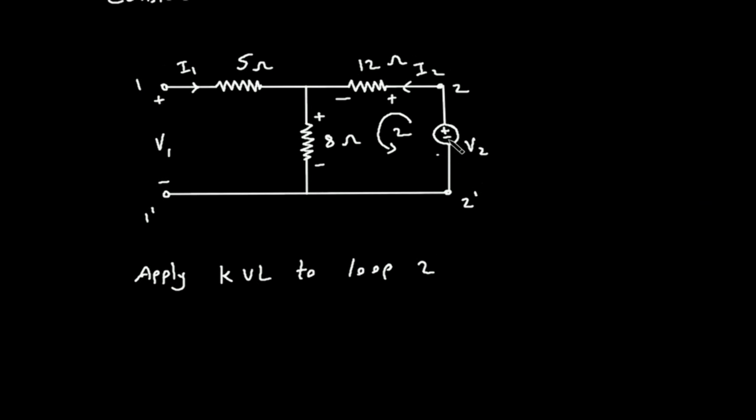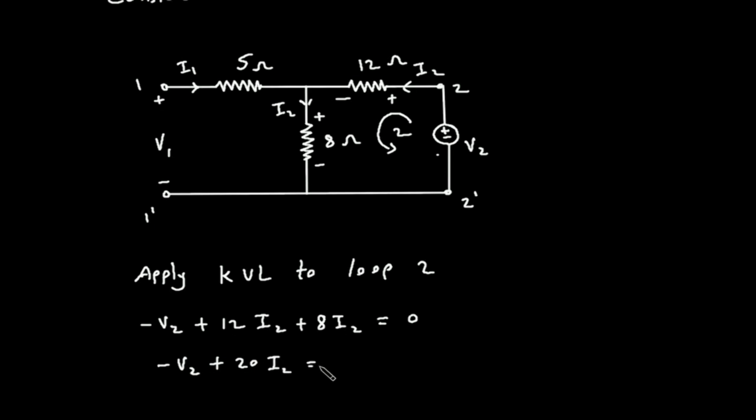If we start from here, this will be minus V2, then plus 12 I2, then plus 8 I2. This current will also be I2 because I1 is 0, so the current through this 8 ohm will be only I2. Then is equal to 0. So this will be minus V2 plus 20 I2 is equal to 0.